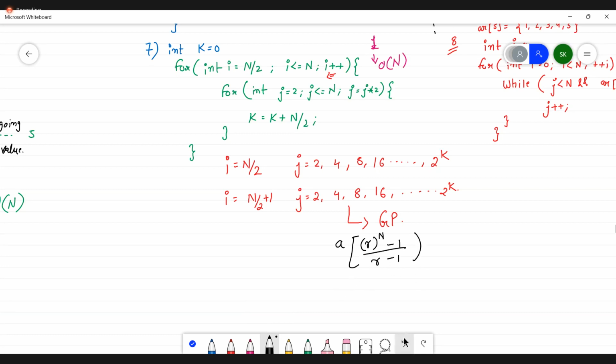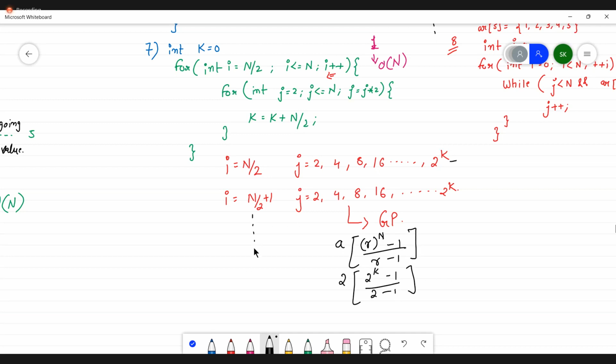It will overall become: A is 2, R is 2, and I am considering that it is running up to k times. So 2 to the power k minus 1 divided by 2 minus 1. Okay.